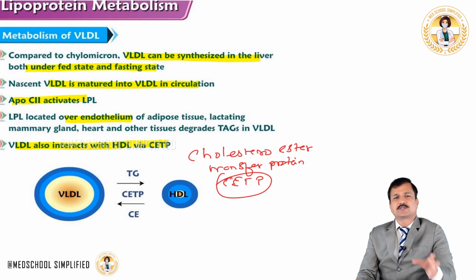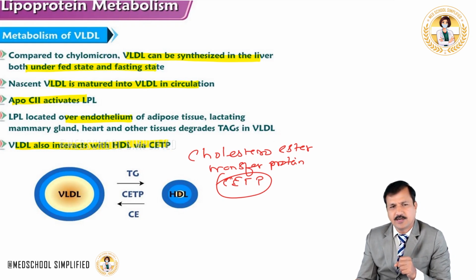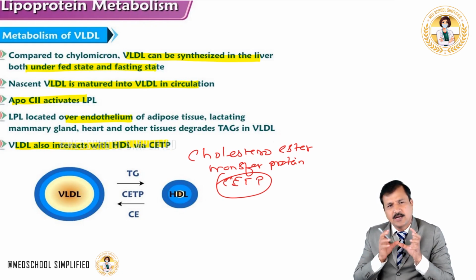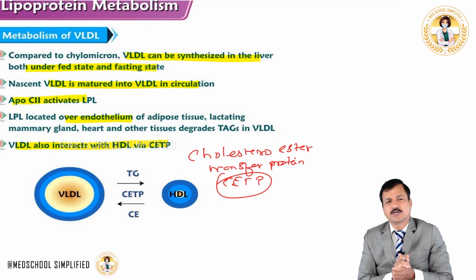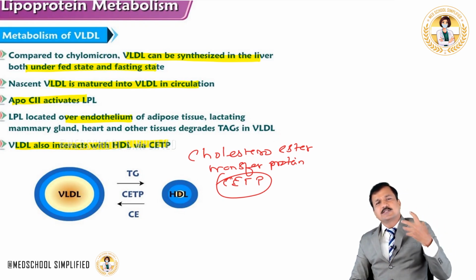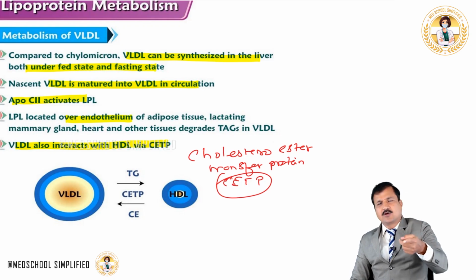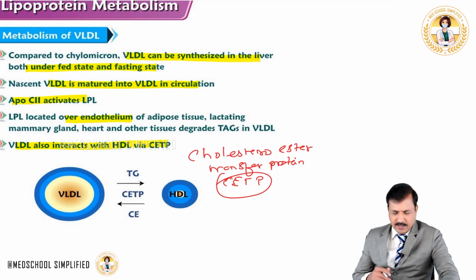So with the continued action of CETP, it is slowly removing triacylglycerol from VLDL and loading cholesterol ester into it. As VLDL is getting converted into IDL, triglyceride is continuously taken out by lipoprotein lipase and cholesterol ester transfer protein, and it is also becoming rich in cholesterol ester because CETP is pumping cholesterol ester into the VLDL molecule.